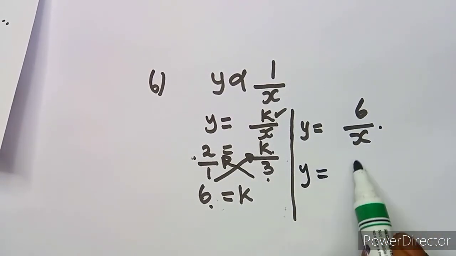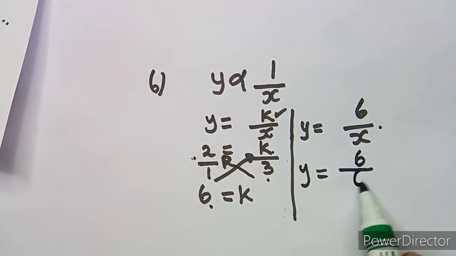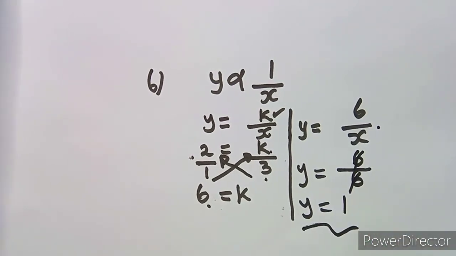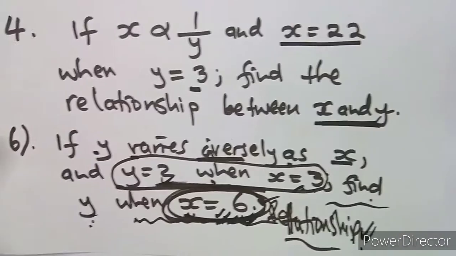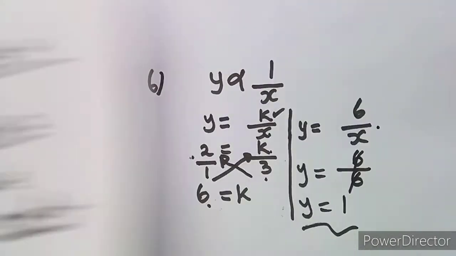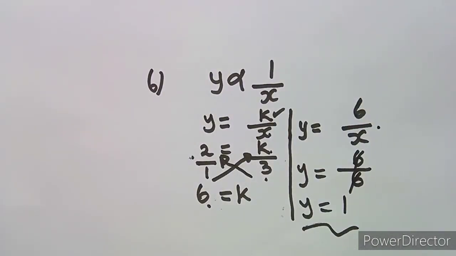So y is going to be 6 over 6, which is 1. So that would be the value of y, guys, when x is equal to 6. So as you can see, sometimes they might skip a condition of the relationship and just ask you the question directly. Guys, you must be very, very careful.